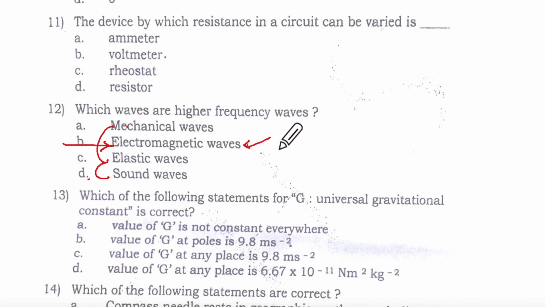Now the thing is that electromagnetic waves have the range from 10 to the power 11 angstrom to 0.1 angstrom.